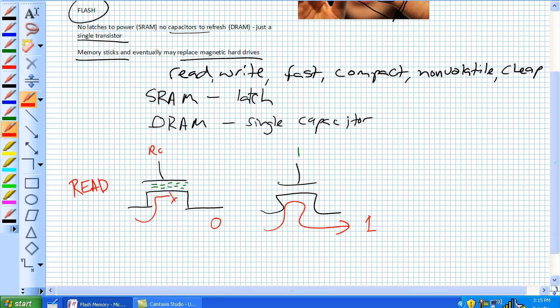Here is your row select, and here's your column. When you've applied a 1 to a row, the gate here, and your column is getting no current, you're getting a 0. If your column is experiencing current, you're getting a 1. Okay, so that's the read.